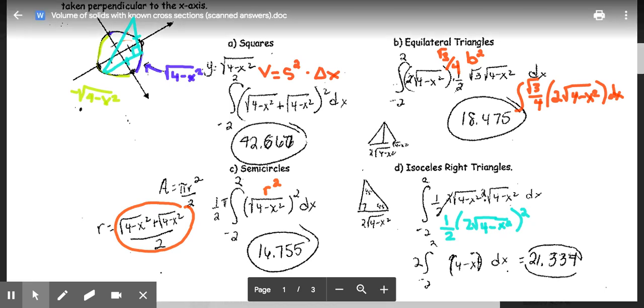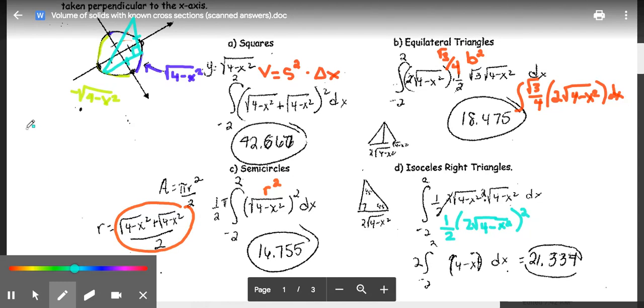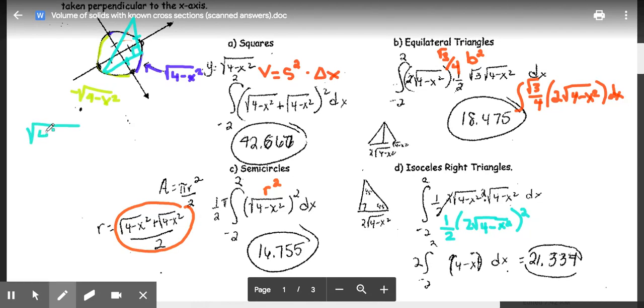Correct. Yeah, because when you do, let me show you, top curve minus the bottom curve, which is negative root 4 minus x squared, this becomes 2 root 4 minus x squared. Okay.